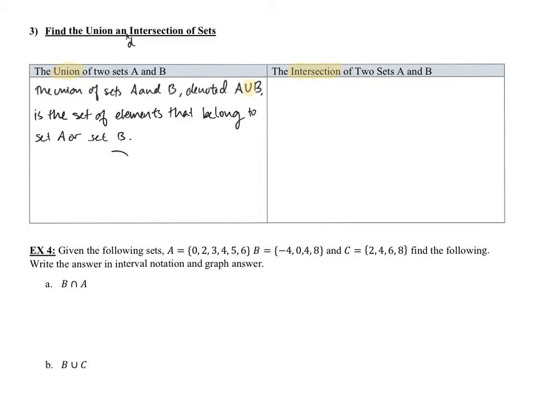So, for example, normally we use a little Venn diagram kind of looking thing. If you had set A and set B, the union is talking about an item that belongs in either A or B. So it can be from either of them. Okay, so we would take everything.